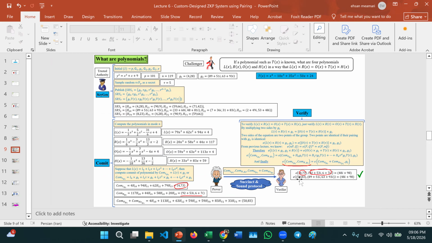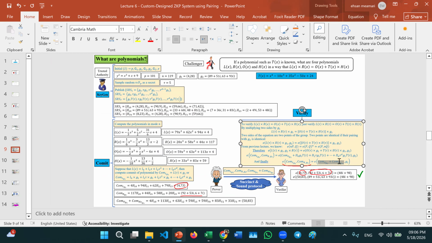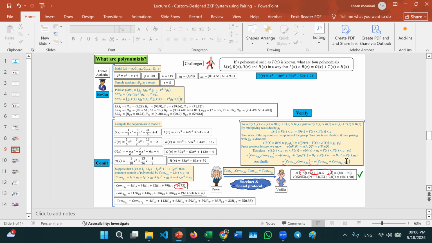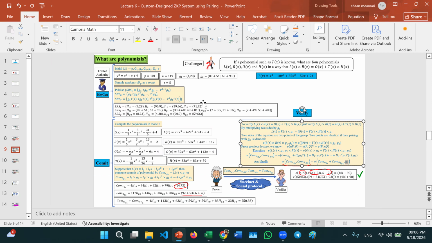Now we want to compute the pairing for the right side. The pairing for the right side is the pairing of the commit values, which is 50 and 83, and G2. G2 equals the generator of the second group that is shared already, right?